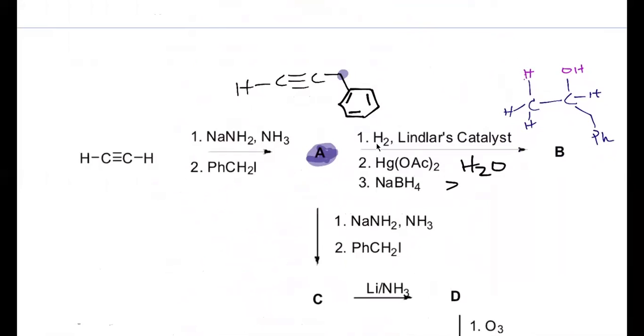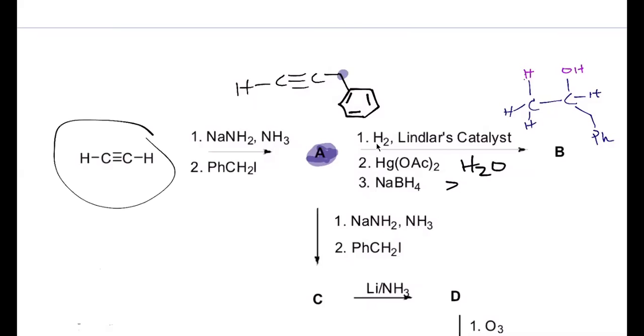So, Dr. Russell, we're basically drawing the products of each sequence. Okay, but for B you used the product of A, right? I used the product from A. Because I started with this. This is my initial starting material. Then I did acetylide formation followed by substitution to give me A, which is shown above, right?